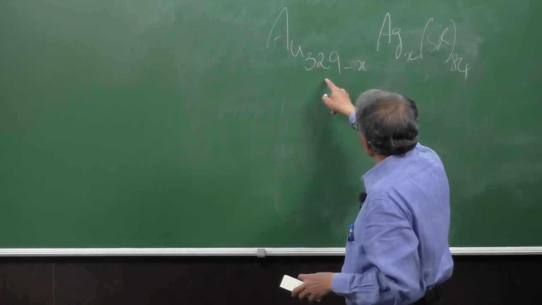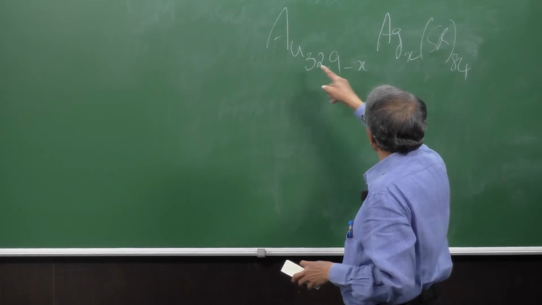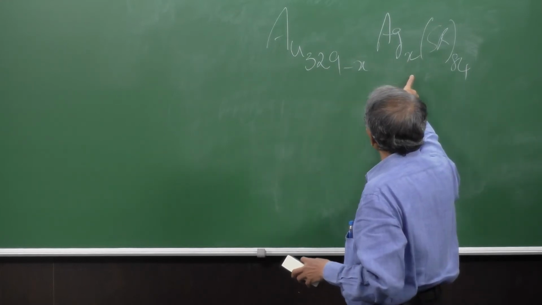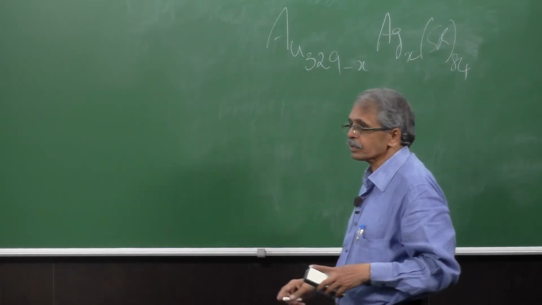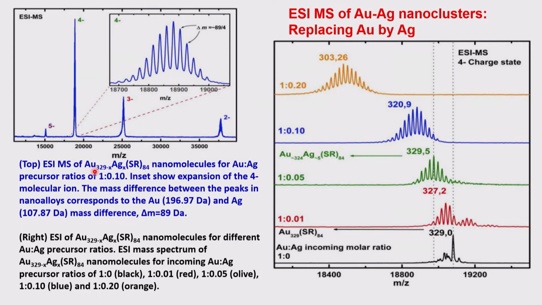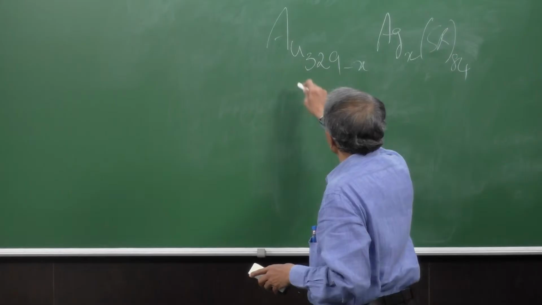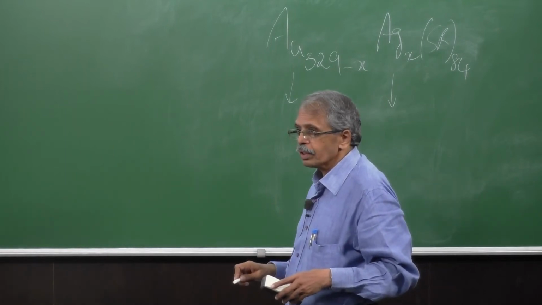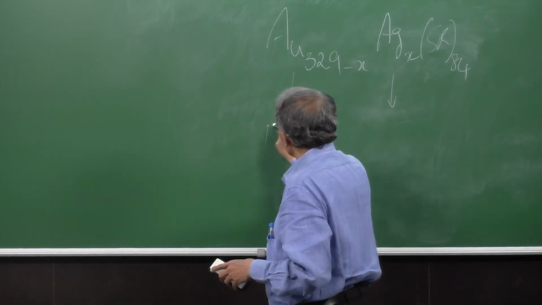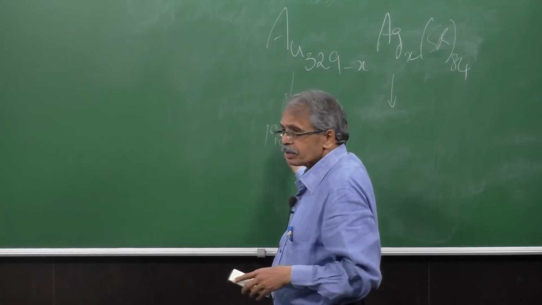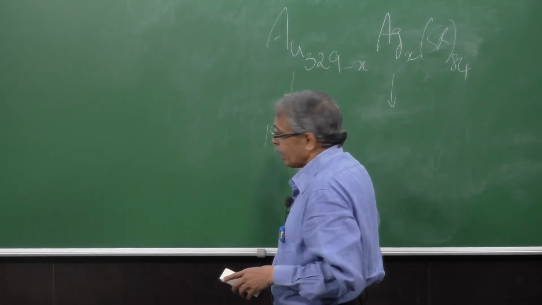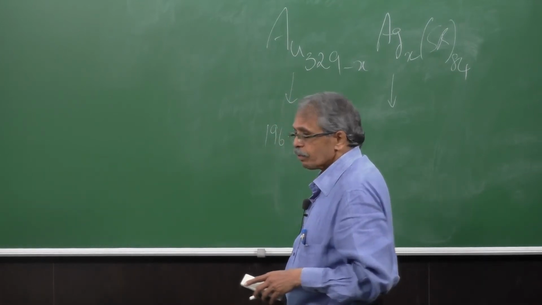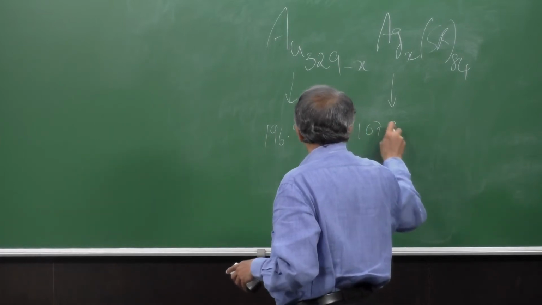So you can keep replacing one gold by one silver, two golds by two silvers, three golds by three silvers, etc. It will change both the pattern as well as the position, because you are changing the mass of the gold by the mass of the silver. The mass of the gold is 196.97, and the mass of the silver is 107.87.